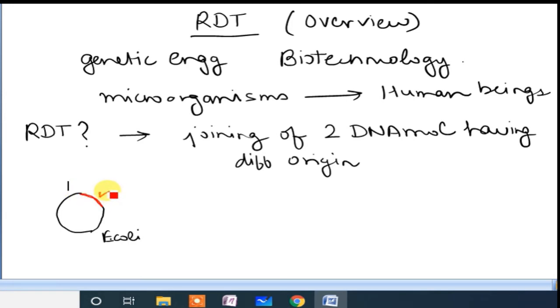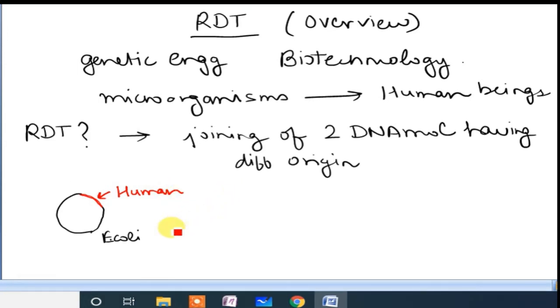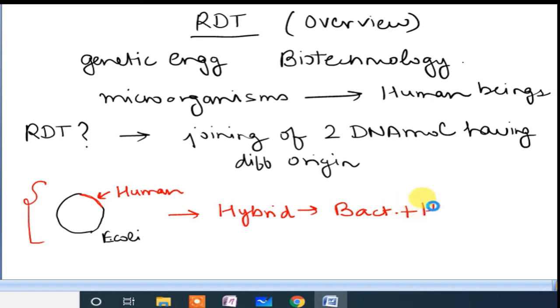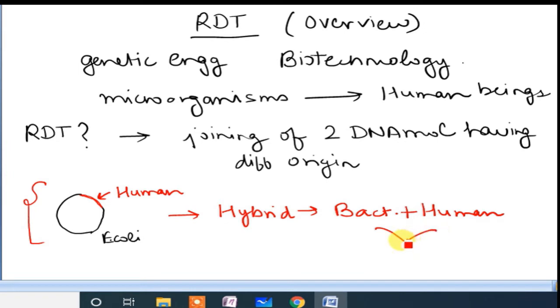What is this entire molecule called? It is a hybrid between bacterial DNA plus human DNA, and therefore it is called a recombinant DNA.